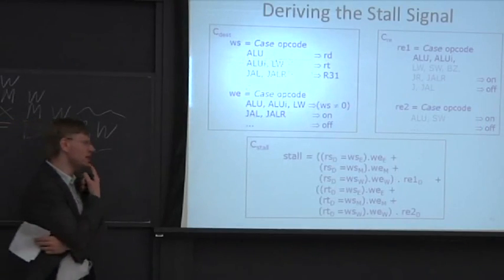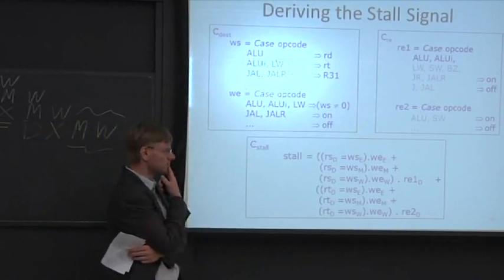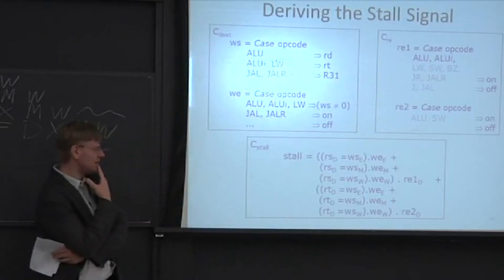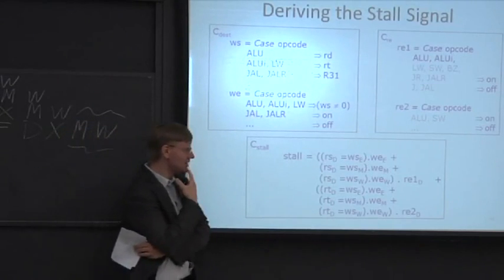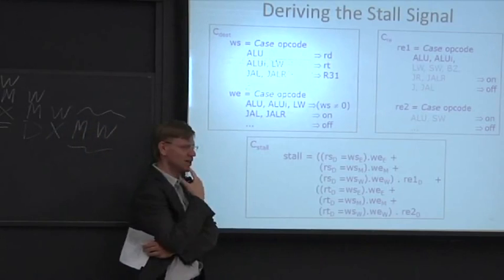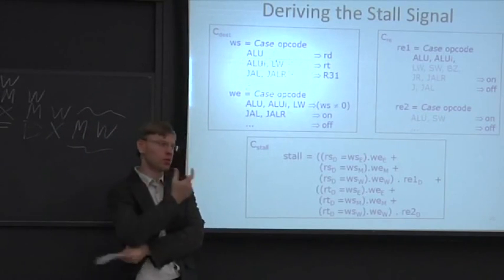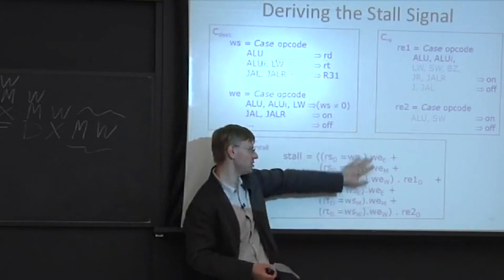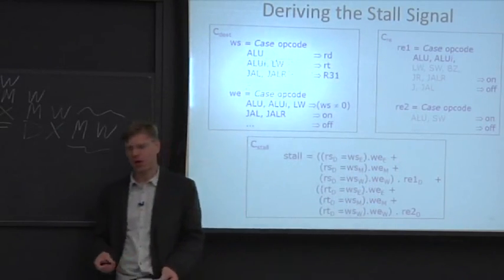OK, so is this everything? This looks pretty complicated, but this isn't so bad so far. If we make the pipe longer, we're going to end up with more terms inside of these two equations.